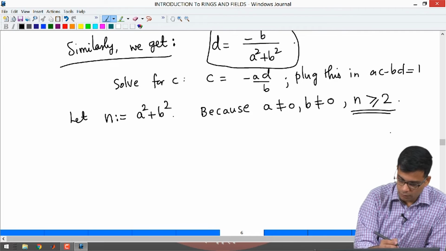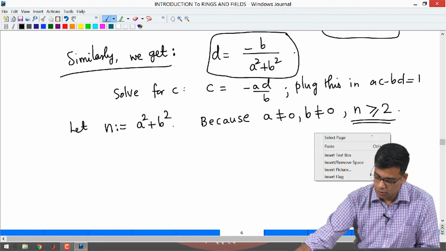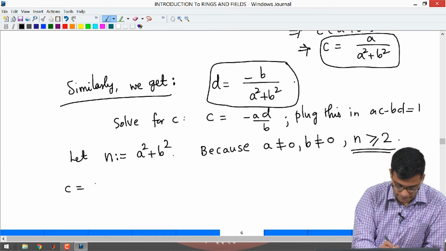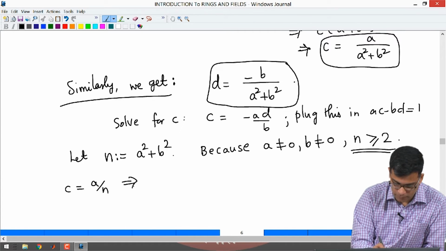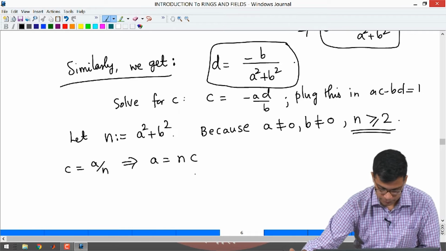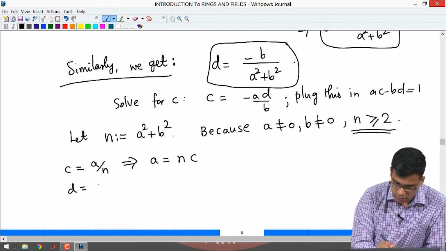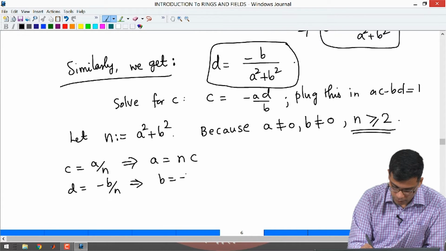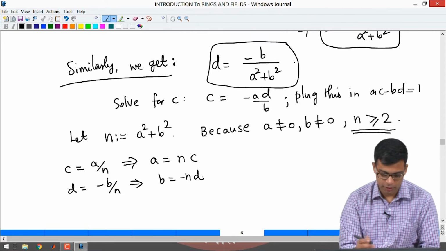Now, we also have the earlier equations of this form, C equals A by N. This implies A equals NC. Similarly, D equals minus B by N. This implies B is minus ND, right.